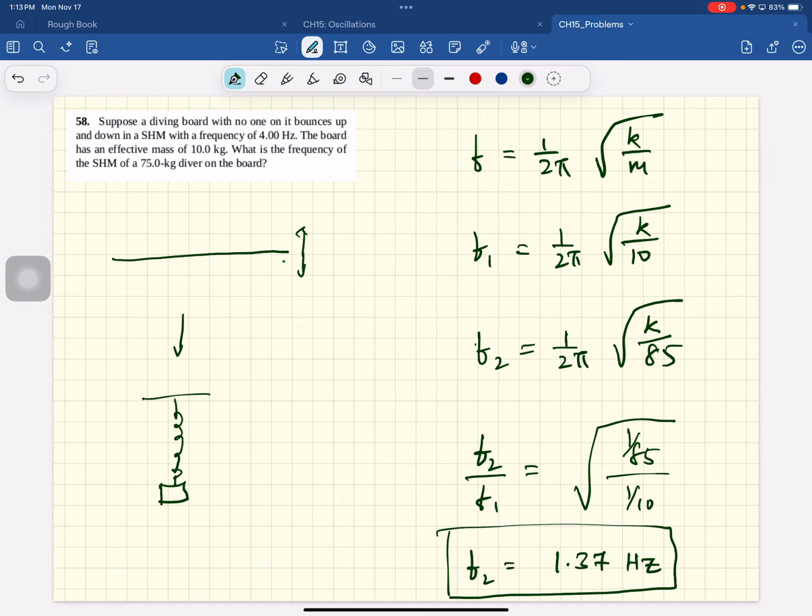And this makes sense as you make the mass heavier. As you make the mass heavier, the frequency decreases.